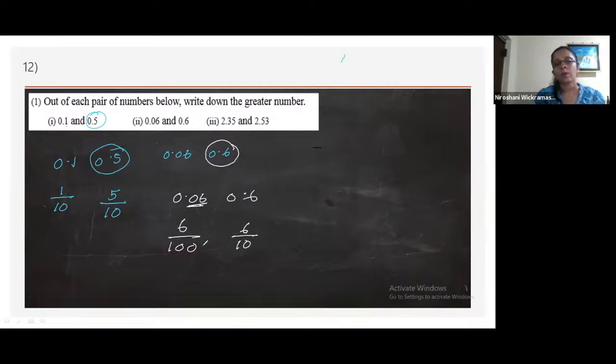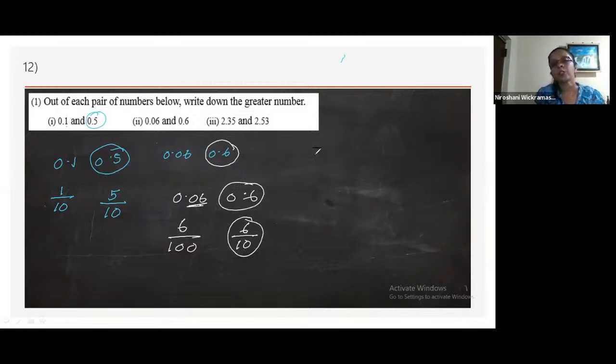So this one is 6 from 100 parts, and this is 6 from 10 parts. So which one is greater here? This one, then you can see this is the greatest one here. So you can write 0.6 is the greatest one.